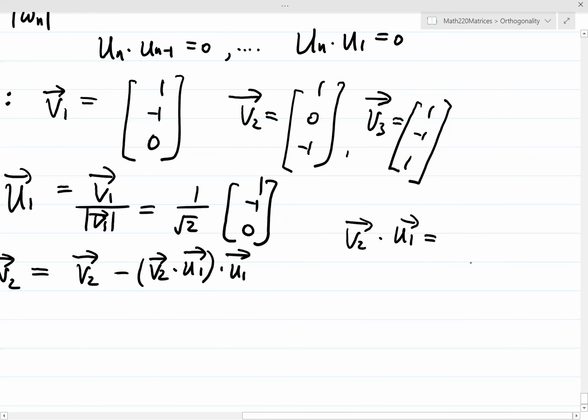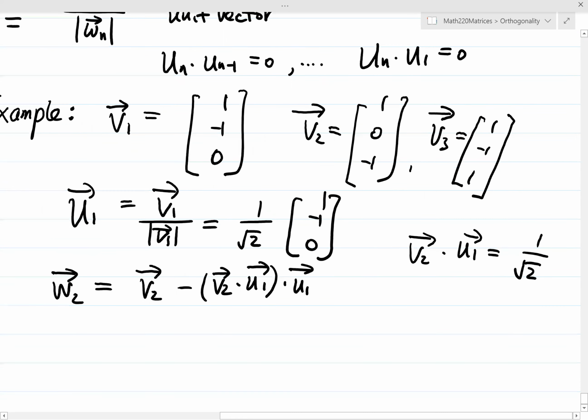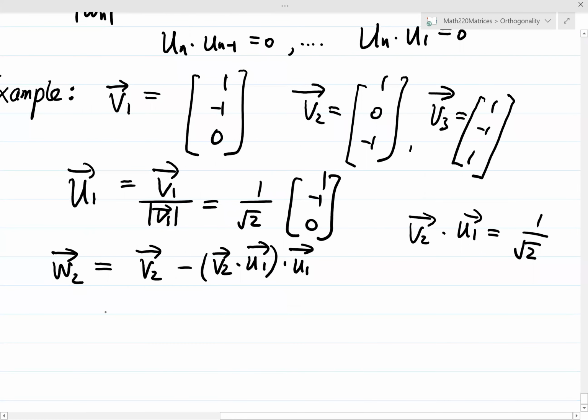This is easy, you can believe me. You get 1 over root 2. Dot product is easy, and it can be easily checked because we already have coordinate form. So V2 is 1, 0, negative 1.